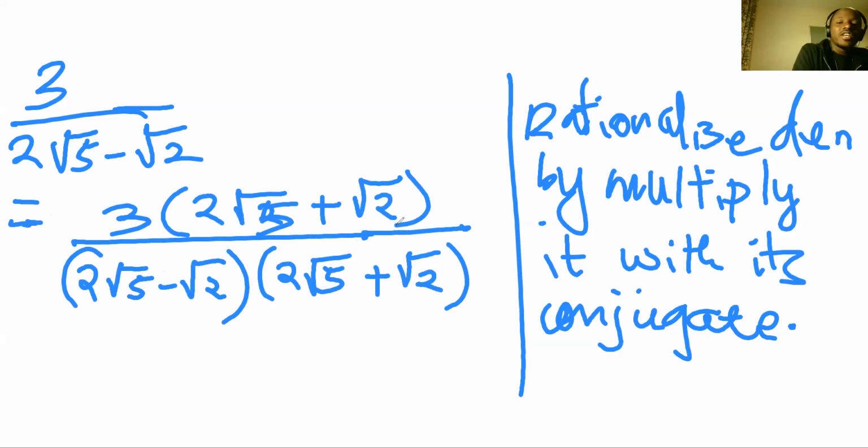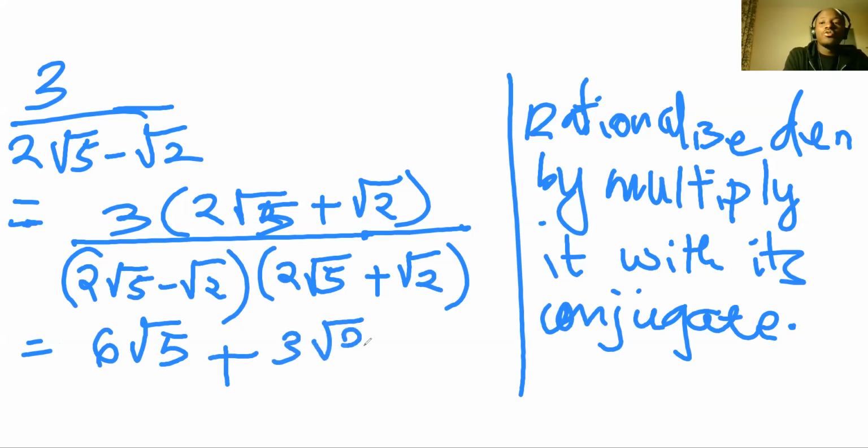So when you solve the numerator, what do you get? It's 3 times 2, that is 6 root 5, plus 3 times root 2, that is 3 root 2, everything over.